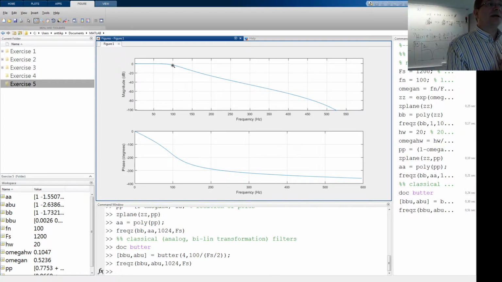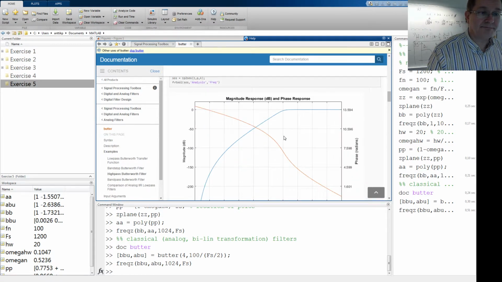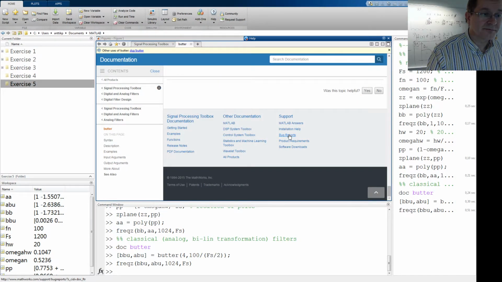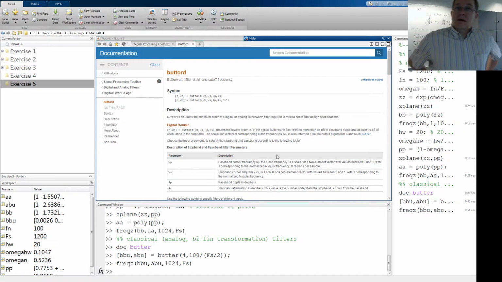Okay, if we had a design where we have to have the attenuation at 300 Hertz at least 60 dB, then there's also a function buttord to call to find out the order. Lots of stuff here. It calculates the order number for the filter.